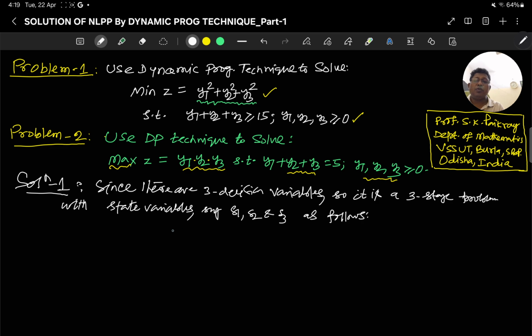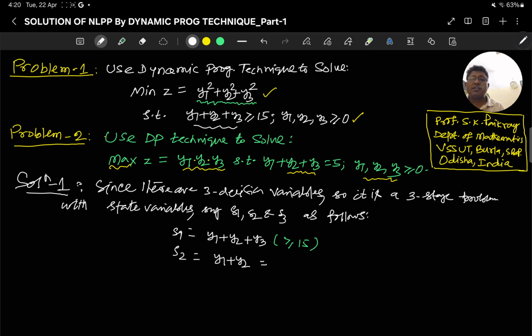What is S1? Here S1 is y1 plus y2 plus y3, and as given, it is greater than or equal to 15. Now what is S2? S2 is equal to y1 plus y2, so I can write S2 equal to S3 minus y3.